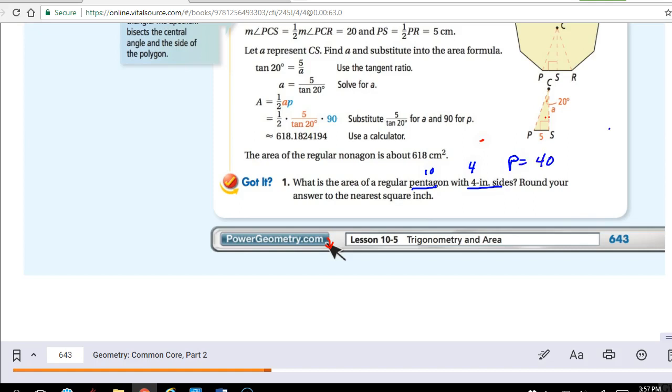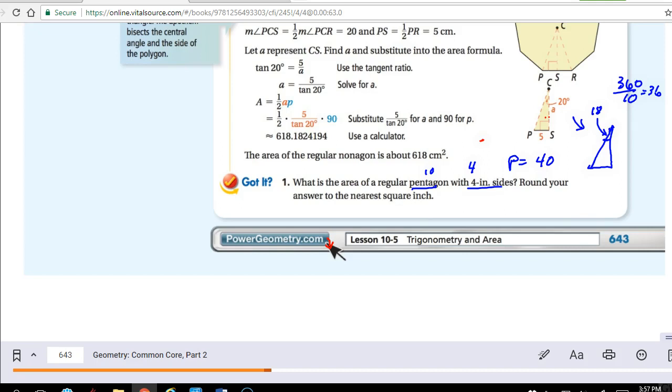Okay. Now, again, if I want to think of it this way, like we did here, if I take a 10-sided figure and it's 360 all the way around that, then that means each one of those is going to be 36. So that means this right here, that angle right in there, is going to be half of that, or 18.